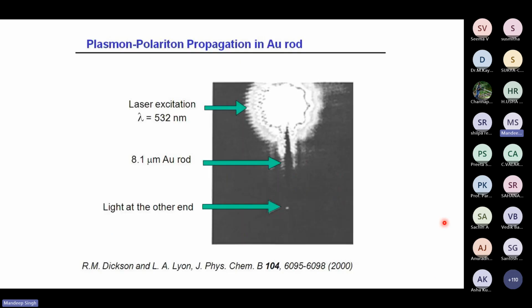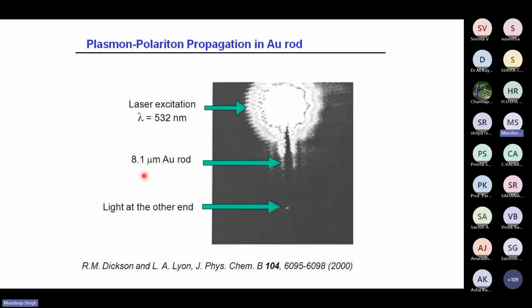I have taken a few experimental pictures from the research paper for the excitation. You can see this is the plasmon polariton propagation in a gold rod. They are exciting it with a laser at a wavelength of 532 nanometer.